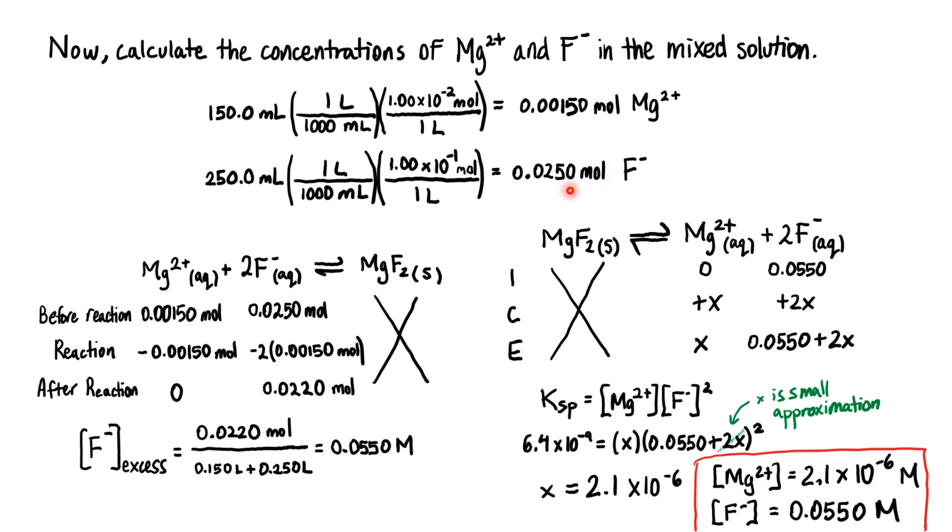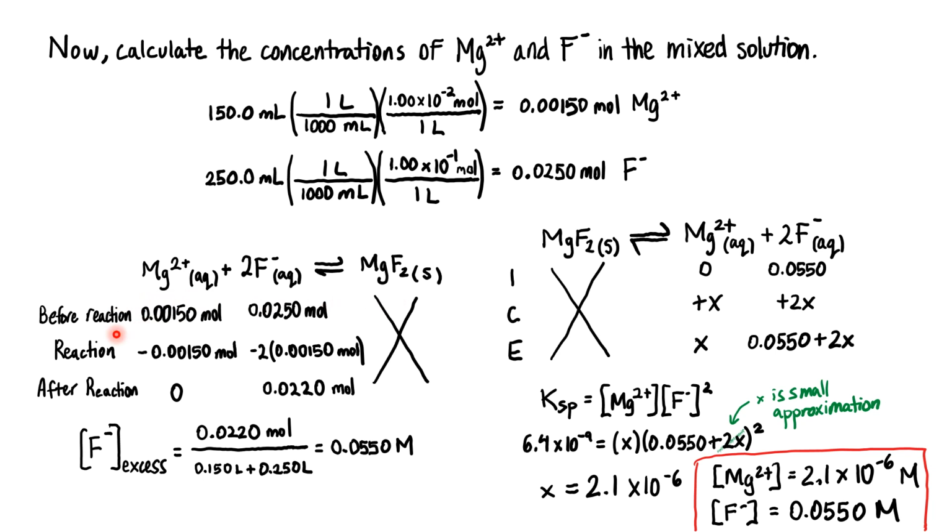Now, the question is, how much of this stuff is going to become solid? Because Q is greater than KSP, that means you're definitely forming solid. And if you're forming solid, how many ions are going to be left over? The only way to know that is to draw a reaction table for this.